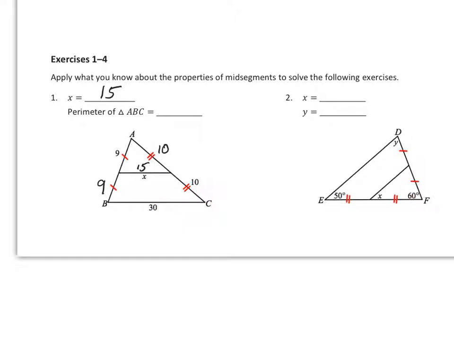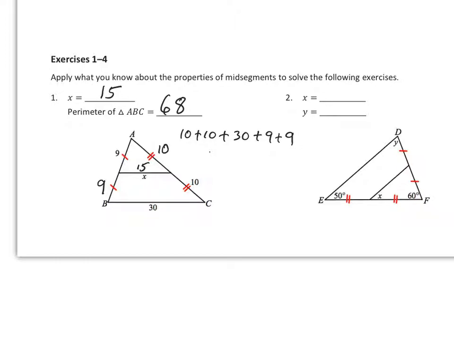All we have to do is add them together: 10 plus 10 is 20, plus 30 is 50, plus 9 is 59, plus another 9 is 68. So we're going to get 68.